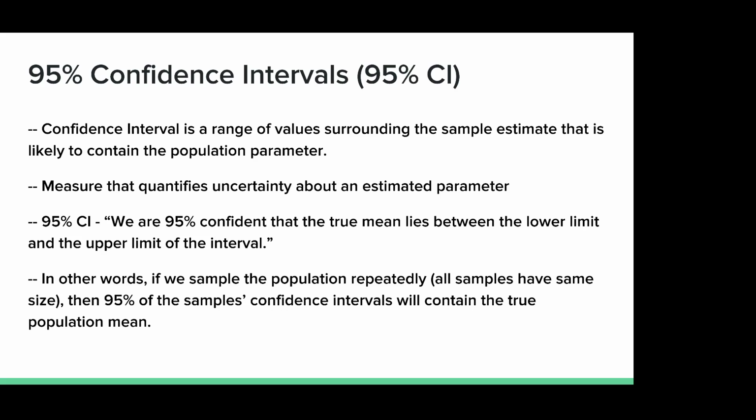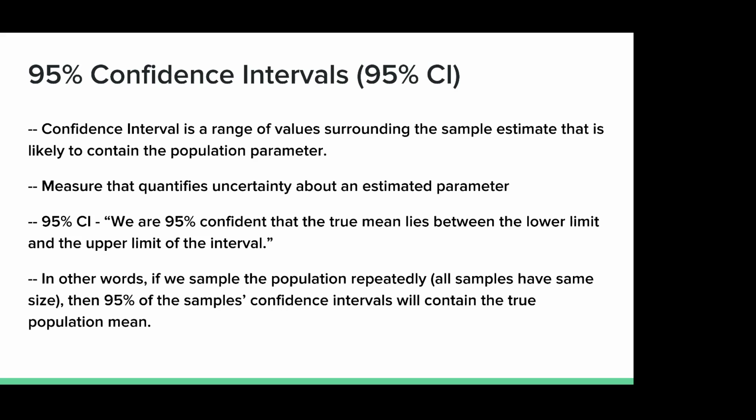95% confidence interval. So a 95% confidence interval is a crucial thing. The 95% confidence interval is something that you need to be very, very familiar with. The 95% confidence interval is basically, for lack of a better term, let's start off with what it is and then what it means.